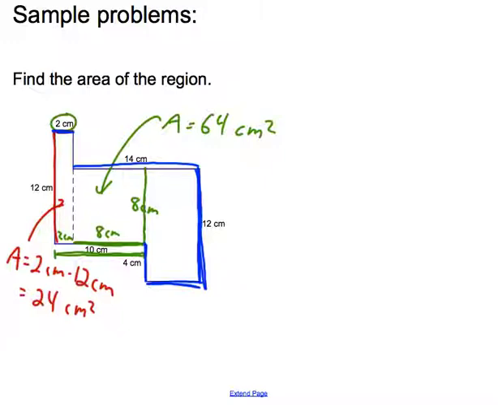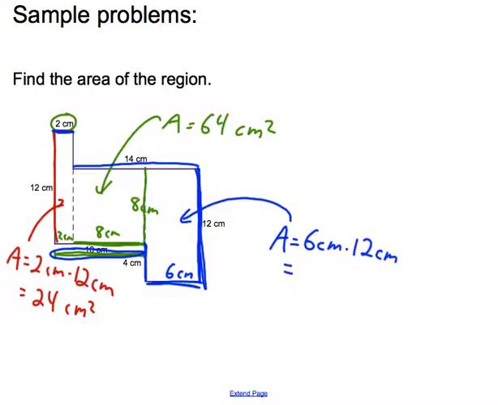Now, looking at the bottom, still got to be 16 total, but this part we said is 10 centimeters. 16 minus 10 would leave us with 6 centimeters. So this area is 6 centimeters times 12 centimeters, which is 72 square centimeters. Then to find the total area, I add those 3 up.